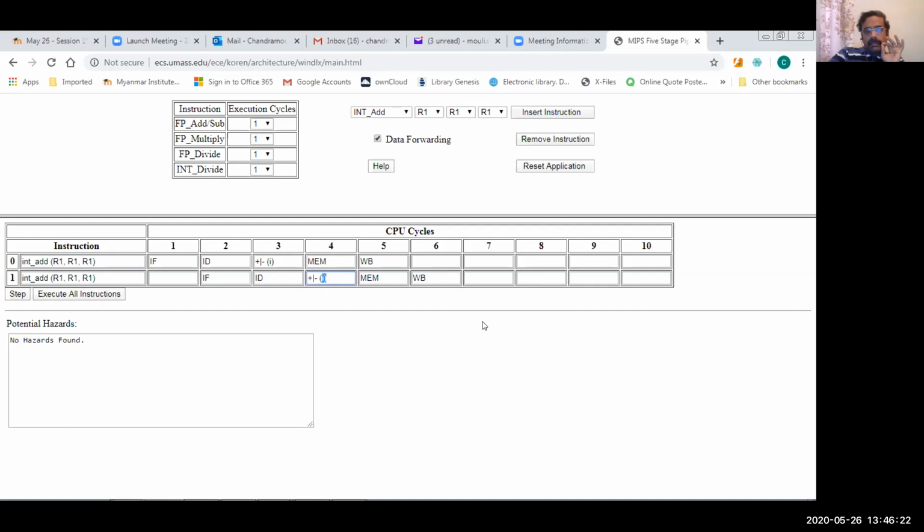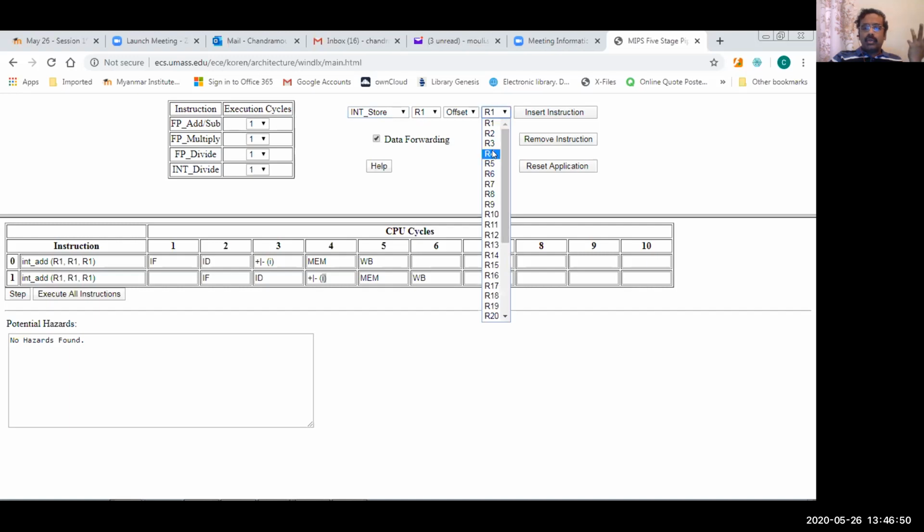You can visually see this by executing it. Now let me do one thing. This R1 is written into the destination register again. Suppose I introduce a store instruction, where I want to store this value. So I select integer store, and I say that I want to store the value of R1.